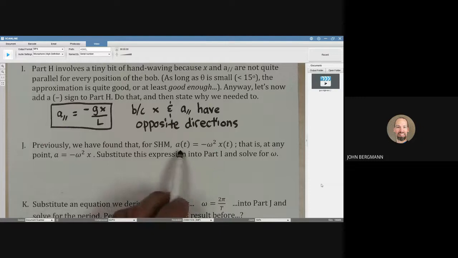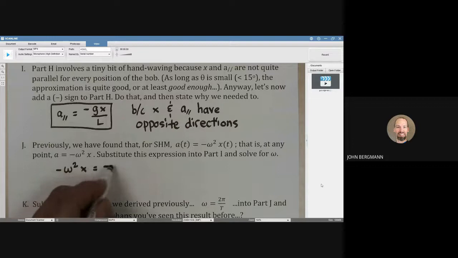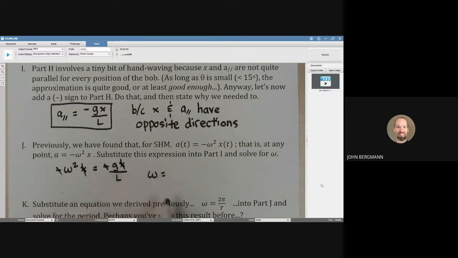On the left side, I'm going to put negative omega squared times x, and then on the right side, I'm going to leave it as is, negative gx over L. X cancels, the negative sign cancels, omega is equal to the square root of g over L.